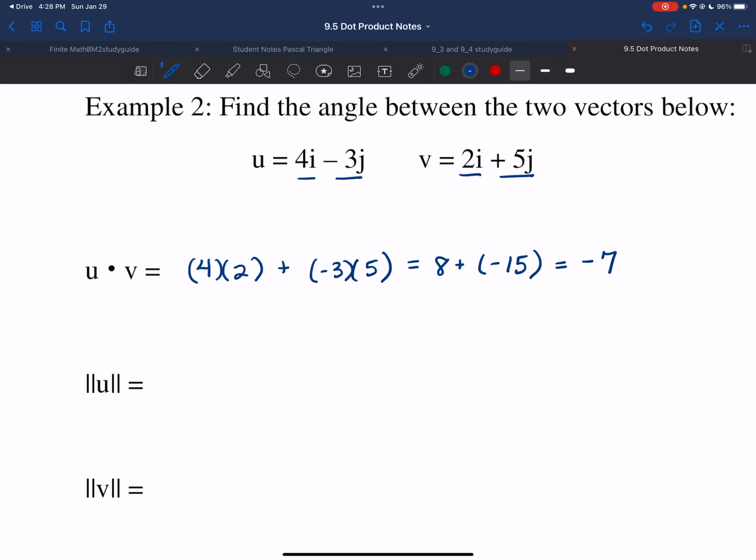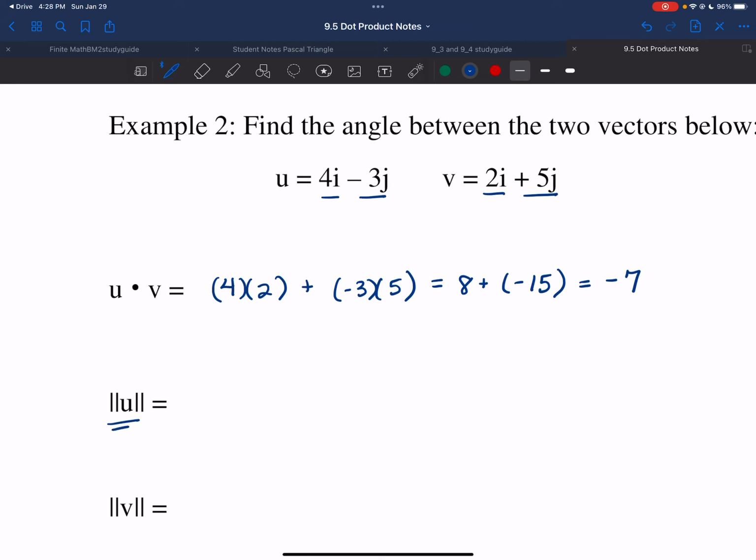And then the next thing we want to do is find the magnitude of u. And we know to find that, we take the square root of 4i minus 3j. So it's going to be 4 squared plus negative 3 squared. So that will be 16 plus 9, which gives us square root of 25.